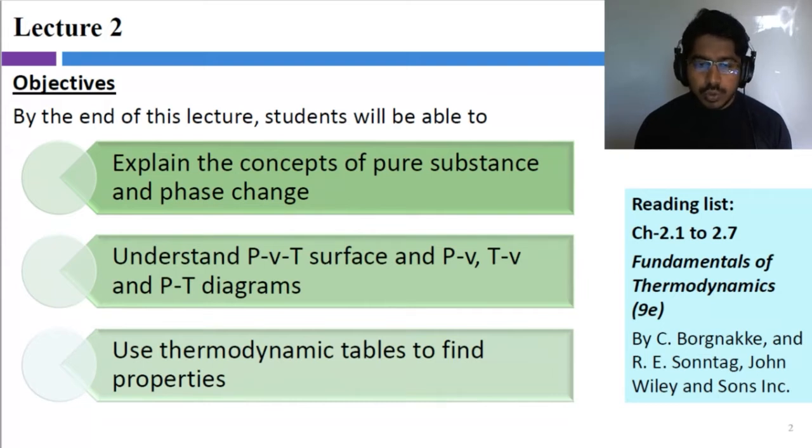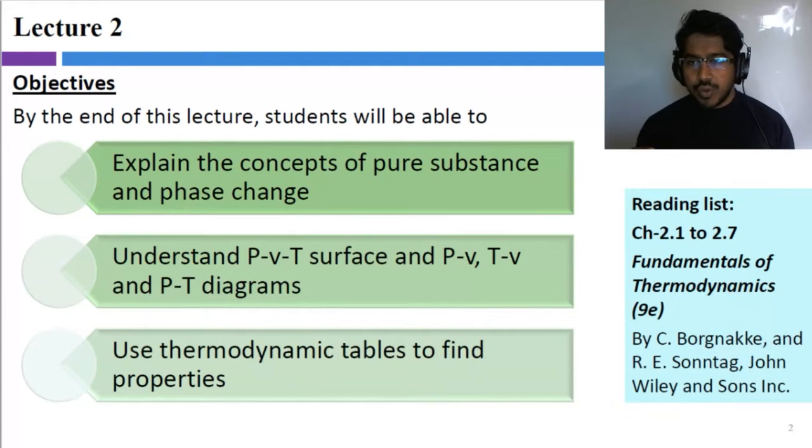In the quiz one also, you will be tested on this one. So the important points and all these things, which we will be discussing in the coming slides real quick. And also, the most important one, use thermodynamic tables to find properties. So whenever you find a thermodynamic equation, sometimes like for real substances, we don't have any equation to calculate the properties sometimes.